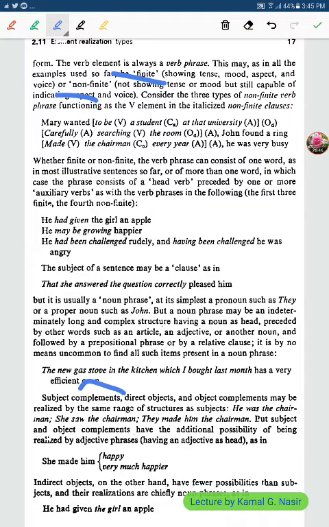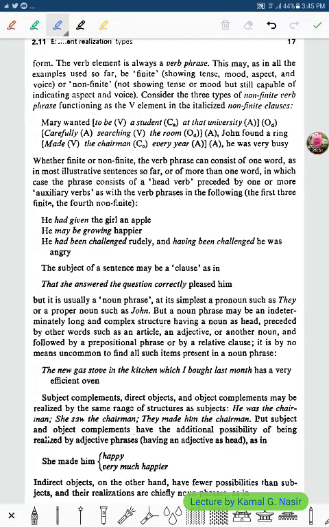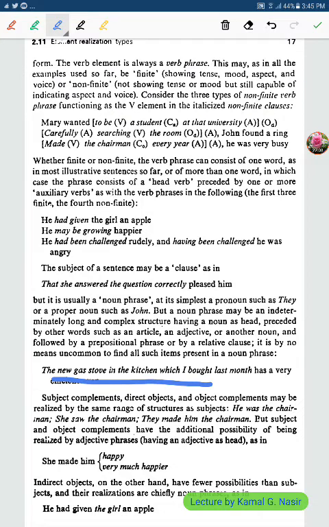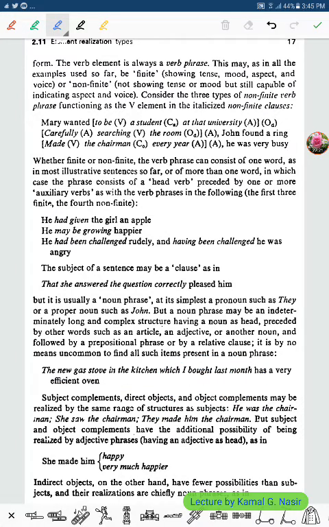We do not talk about verbless and things like this, because it is beyond what you have studied. Okay, it is what? Finite or non-finite? It is finite because there is what? Which I bought. Look well, which I bought. It is finite because there is a tense, mood, and aspect.